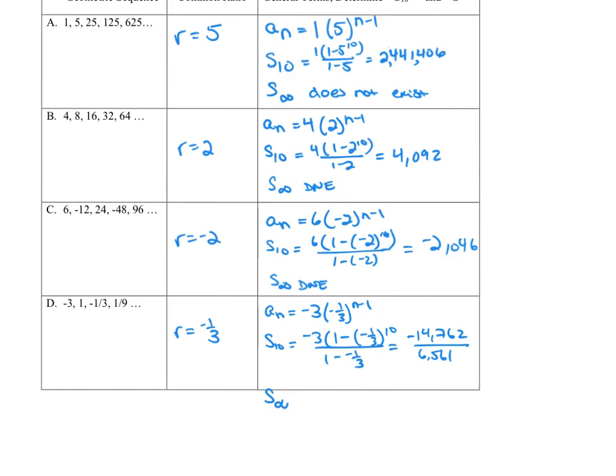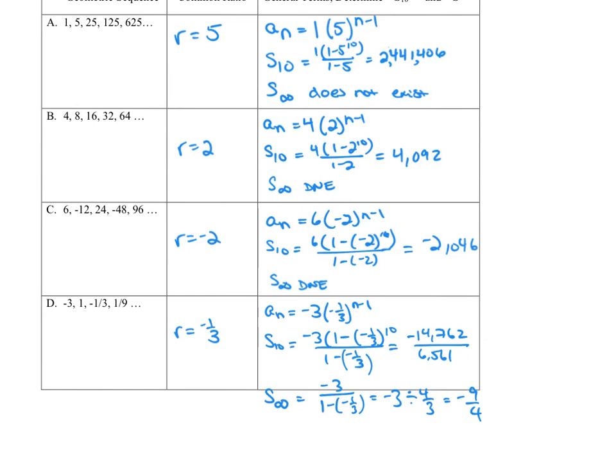And then S infinity, we can finally find. It's a1, so negative 3 over 1 minus negative 1/3, which is negative 3 divided by 4/3, which gives us negative 9/4.